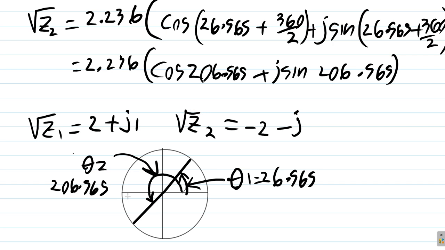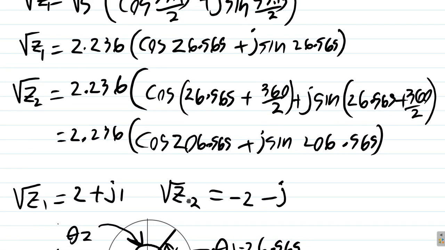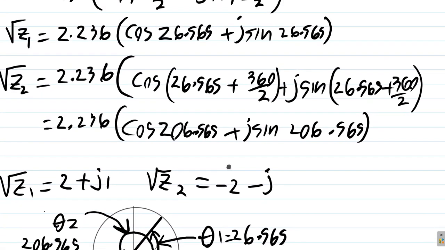So as you see, the square root divides the circle, the unit circle. Well, in this case, it's not unit anymore. It divides the circle into 2 halves separated by 180 degrees.